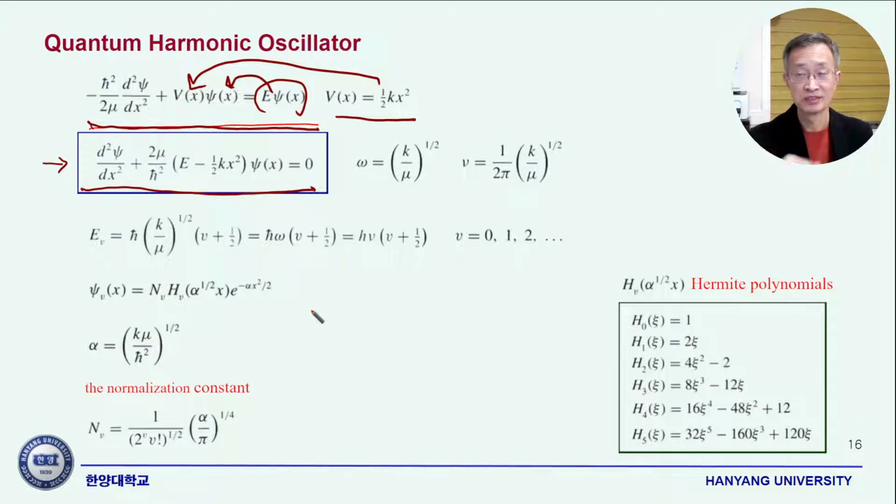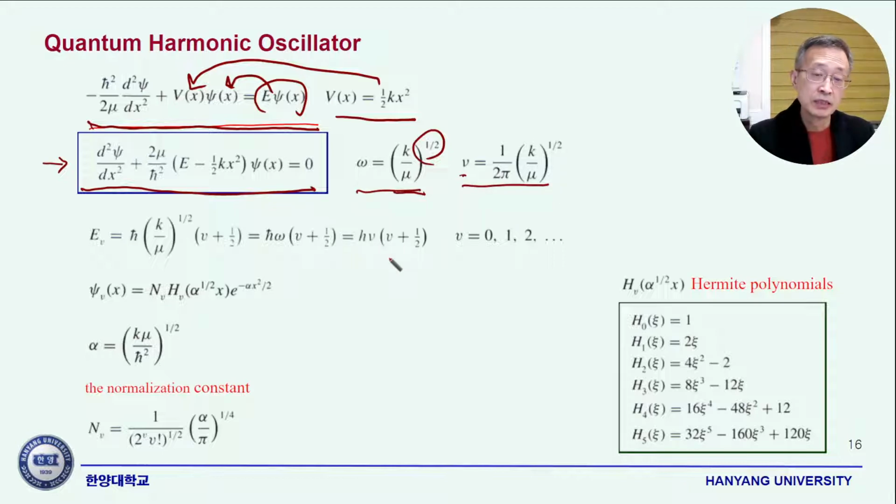We let omega be the square root of k over mu, and the frequency is that multiplied by 1 over 2 pi. This omega is the angular frequency.